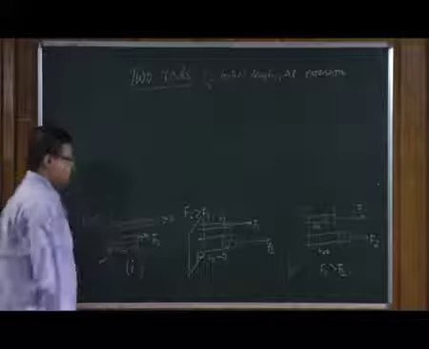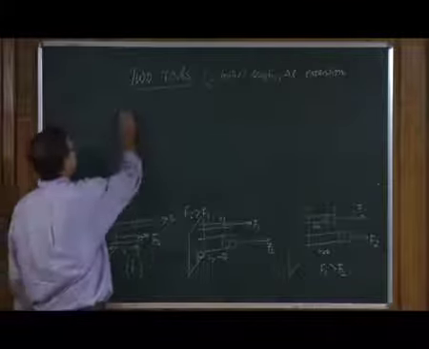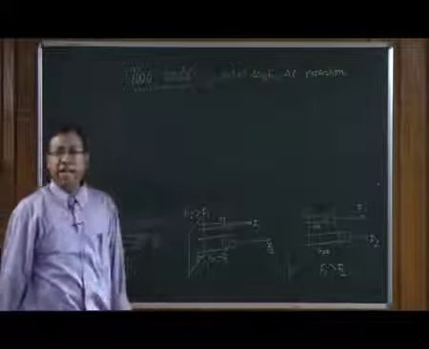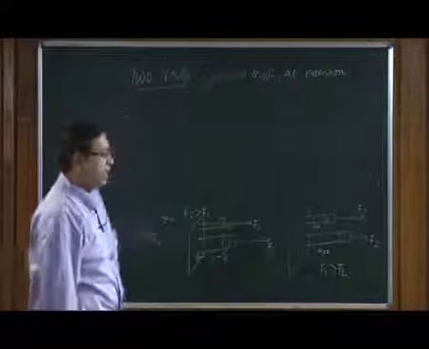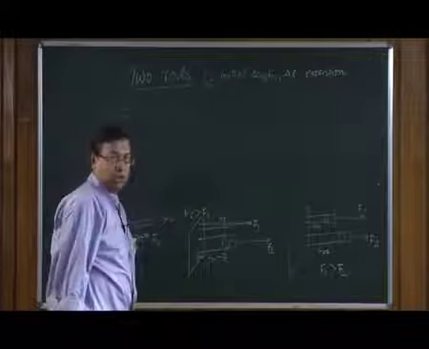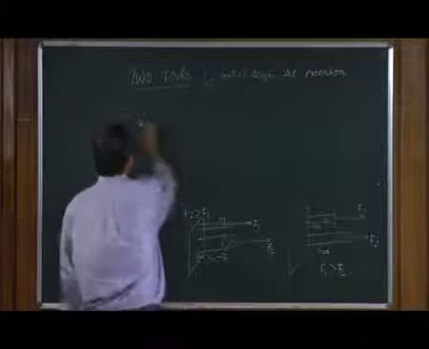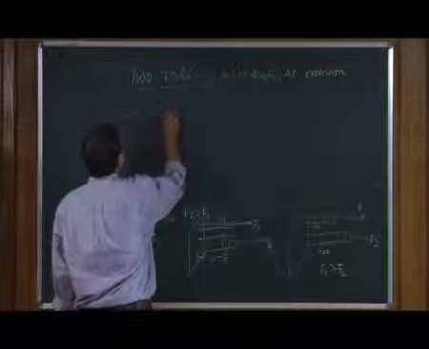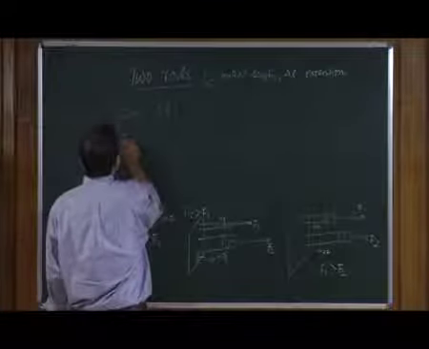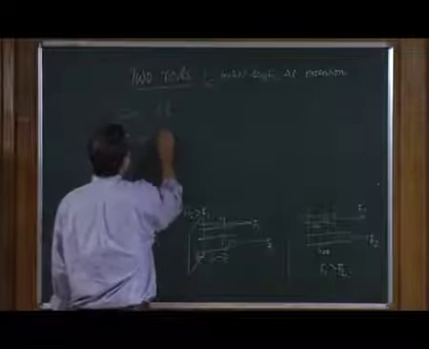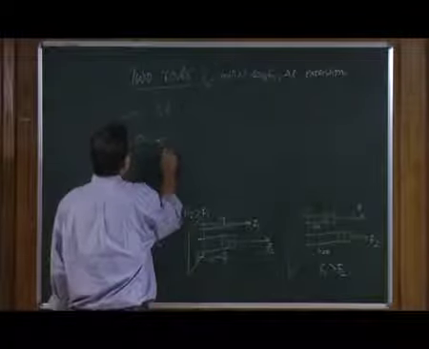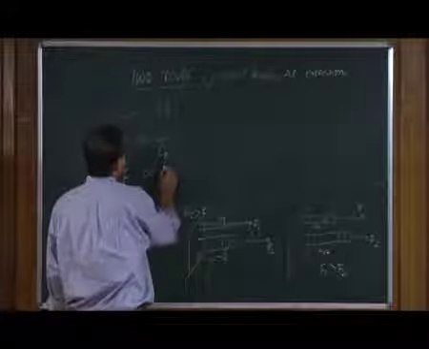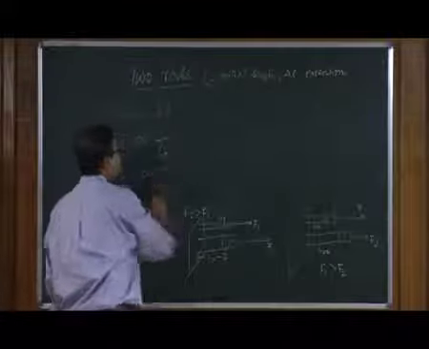So, from these three figures, it is apparent that the force required to create an extension delta L in a rod of initial length L0 and cross sectional area A is: F is proportional to delta L, F is proportional to 1 over L0, and F is proportional to the area of cross section.